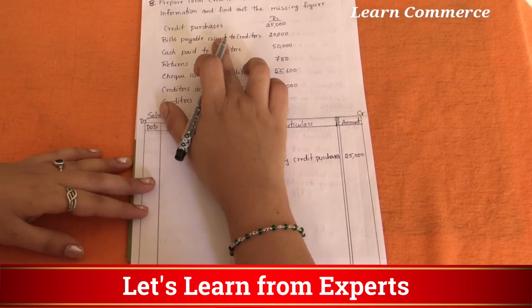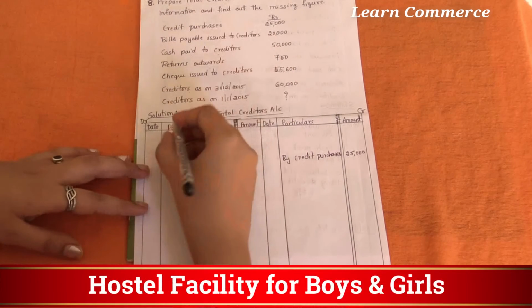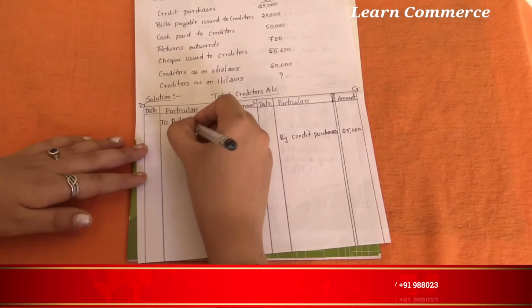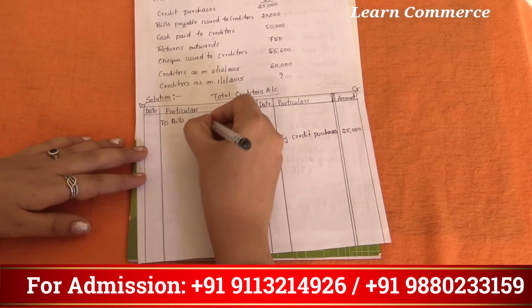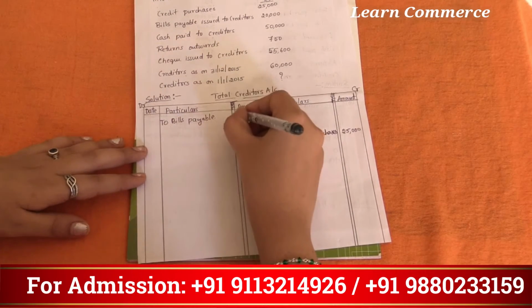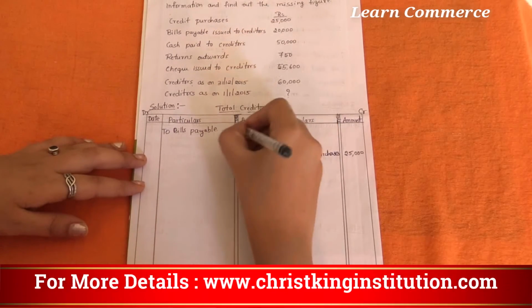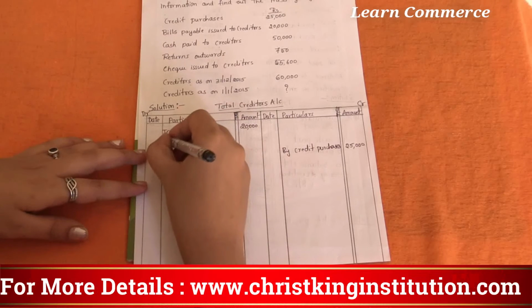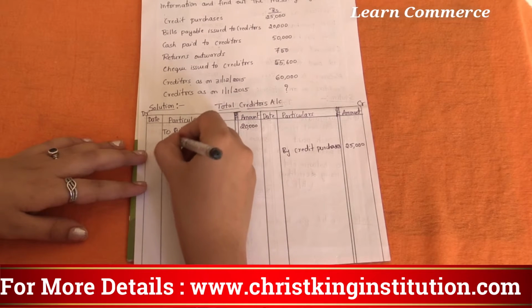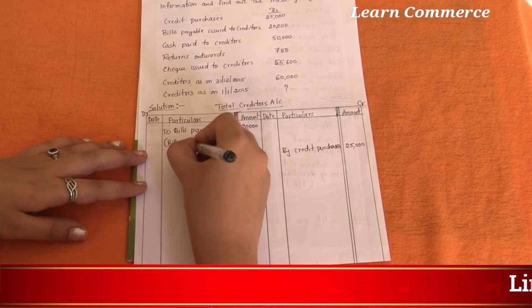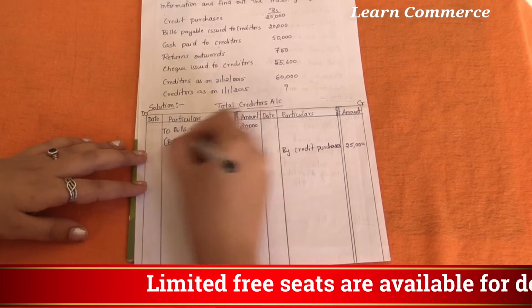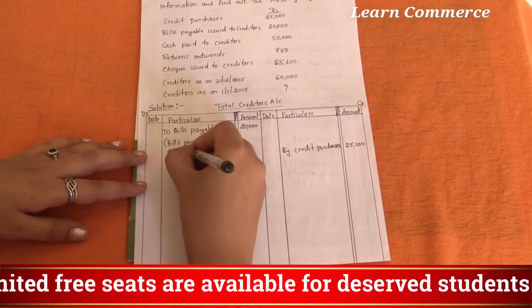It should be recorded in debit side. So write to bills payable, amount is 20,000. In a bracket write bills payable issued to creditors.